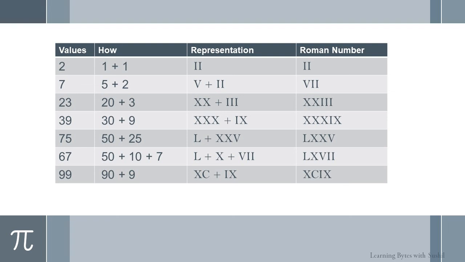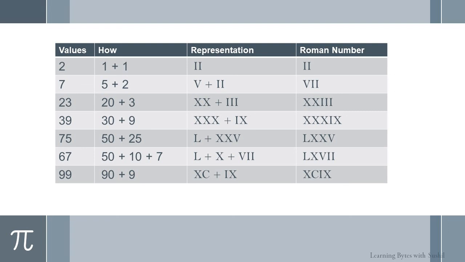The next is 7, which is 5 plus 2. So it becomes simple if you expand the number and then write the Roman numbers. So for 7, it is 5 plus 2, that is V plus II, which makes it VII. Similarly for 23, it's 20 plus 3, which is XXIII.